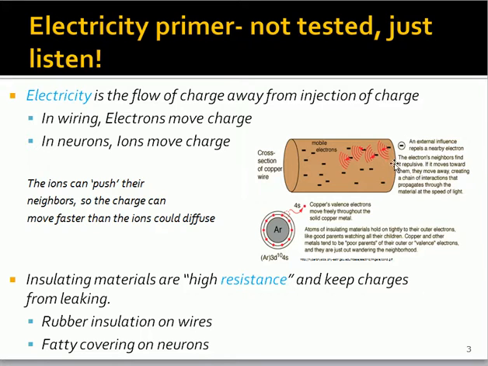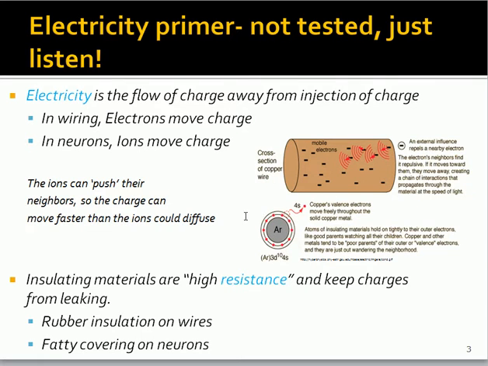If you inject the charge here, and say in this wiring example, you're pushing negatives away, what happens if one of these negatives just escapes out here? Well, you're no longer going to have the electrical charge transmission going through the wire. So if these negative ions are just getting shoved out of the wire, you're going to lose signal and you're going to lose electricity. So what we want to do is insulate it.